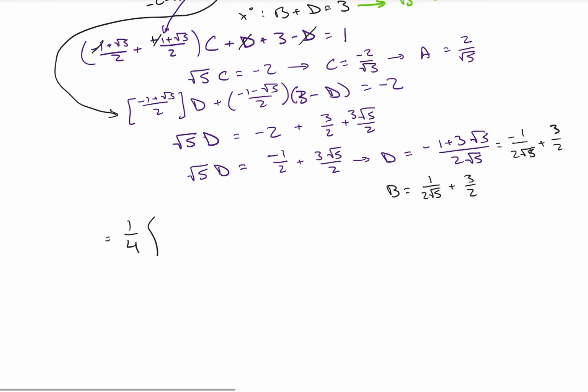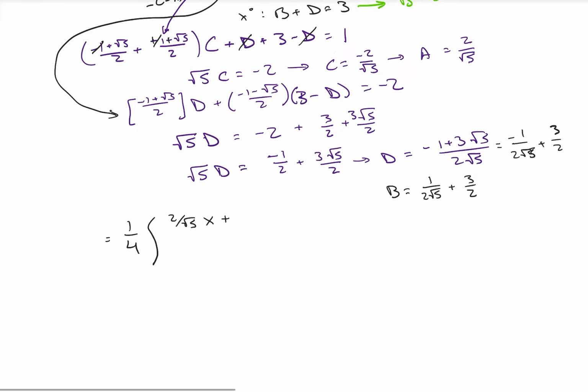And then we're going to have the integral of ax plus b, so 2 over square root of 5 times x plus b, which is 1 over 2 root 5 plus 3 halves.